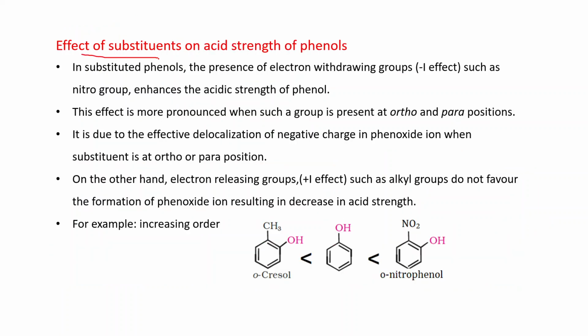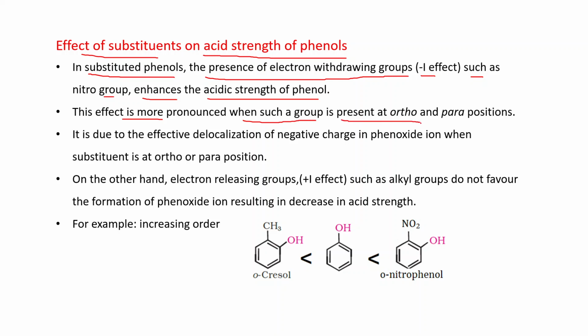Now, effect of substituents on acid strength of phenols. In substituted phenols, the presence of electron withdrawing groups, that is groups having negative inductive effect such as nitro group, enhances the acidic strength of phenol. This effect is more pronounced when such a group is present at ortho and para positions.